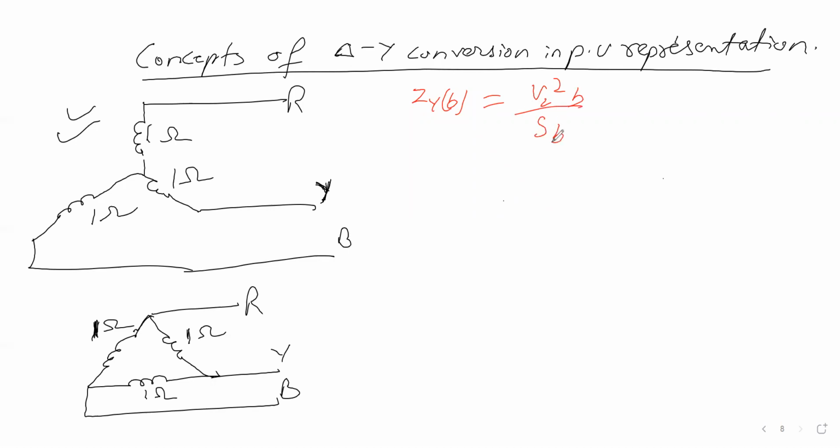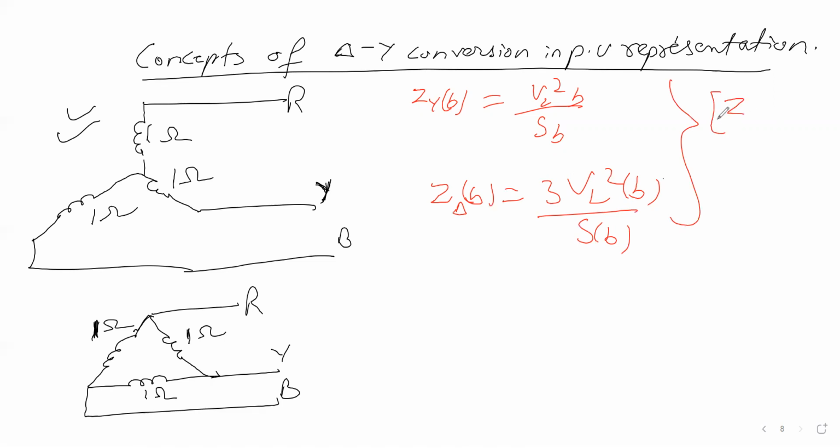And for delta, Z base is 3 of PL square base by S base. So from this only you could sense, if we convert this particular unit into star, it will definitely be different. Okay, so we'll see how.